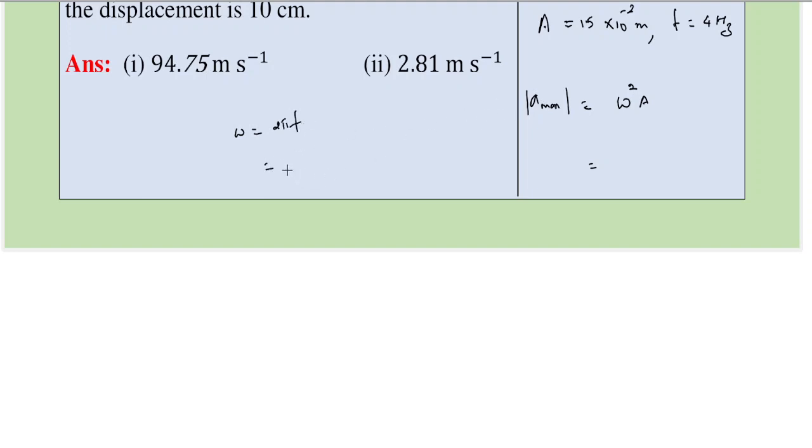F is 4 here, so it becomes 8 into pi, because f is 4 hertz. It becomes 8 pi the whole square. A is 15 into 10 power minus 2. This becomes 64 pi square into 15 into 10 power minus 2. 64 into pi square would be around 6.